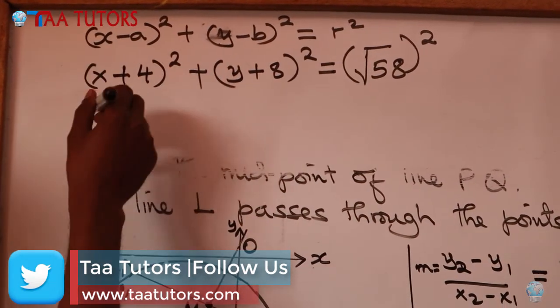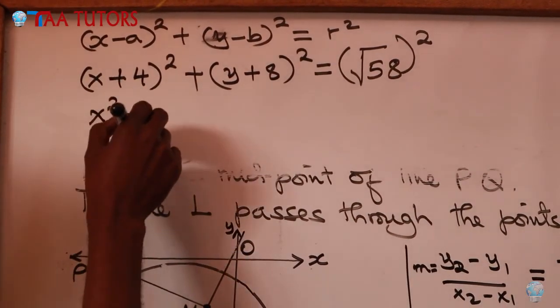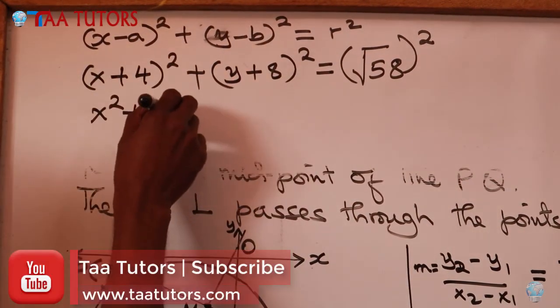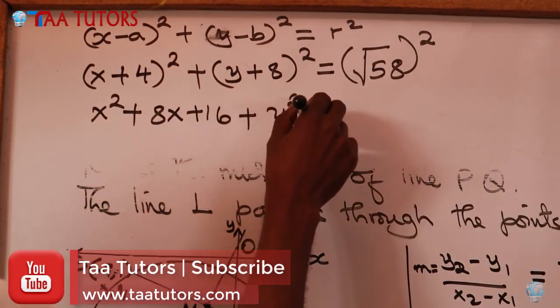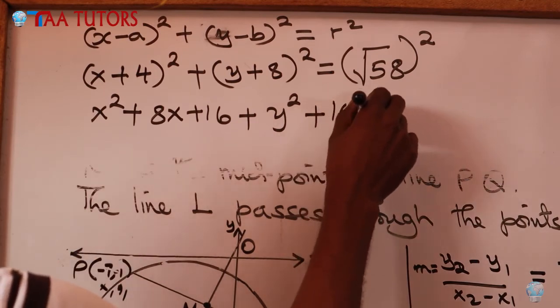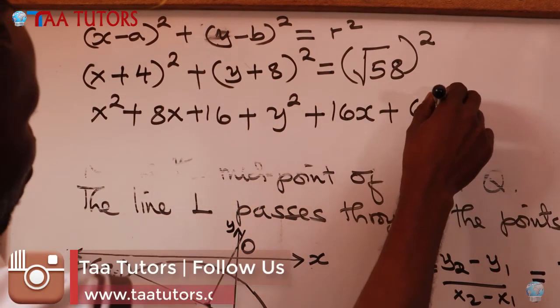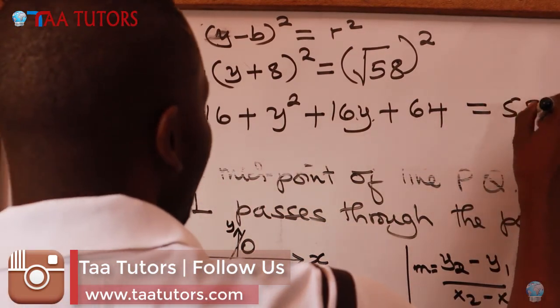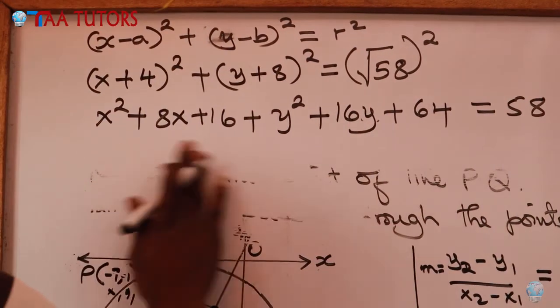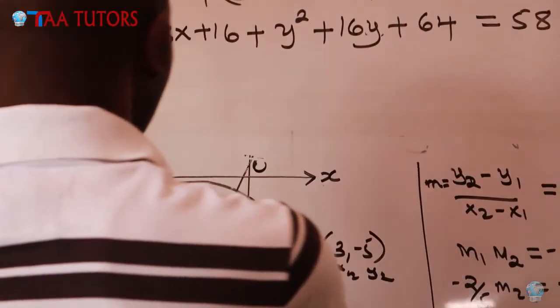What we can do from here is x squared plus 8x plus 16, plus y squared plus 16y plus 64, equals 58, because the surd of 58 squared is actually 58.